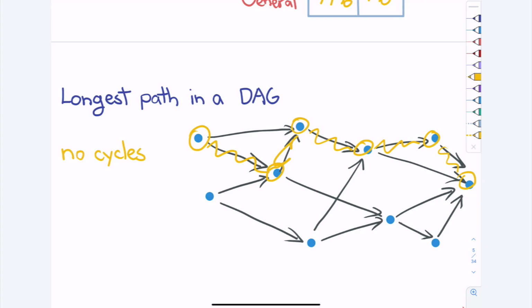But if there's no cycles, vertices can't repeat. Any walk is a path. Okay? If I'm walking around and I have repeated vertices, that's a cycle. Somewhere there was a cycle. Okay? So, as far as this problem is concerned, it's the same as also finding the longest walk, say measured in terms of the number of edges we use in the DAG.